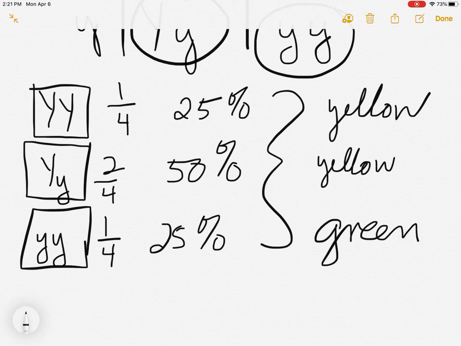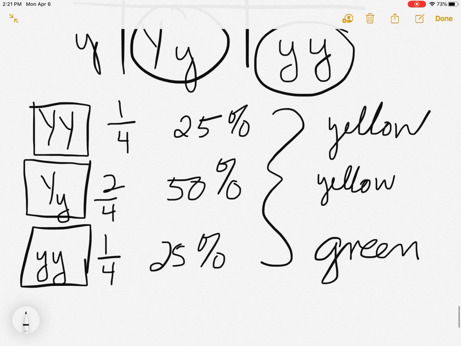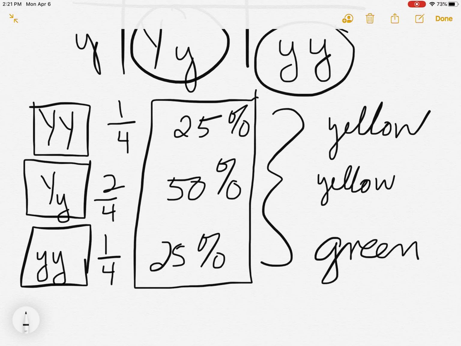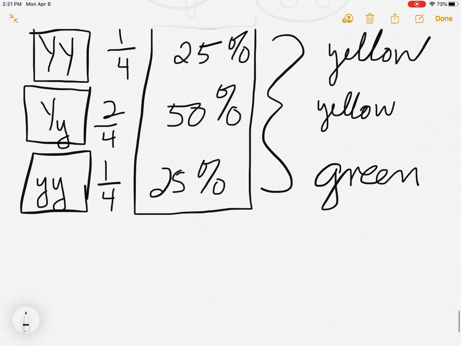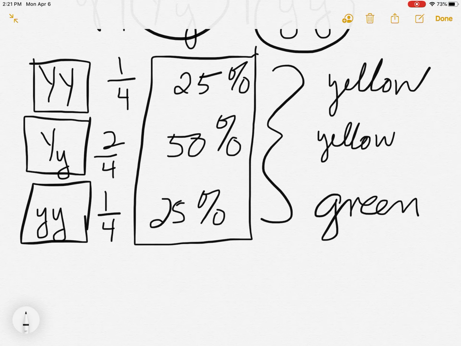So we can tell, if we did this cross ahead of time, we can predict what would happen if we cross these 2 plants together. I could predict that I would get the following percentages of genotypes: 25% homozygous dominant, 50% heterozygous, and 25% homozygous recessive. But I could also predict the phenotype ratios. If you look at it, yellow is 50 and 25.